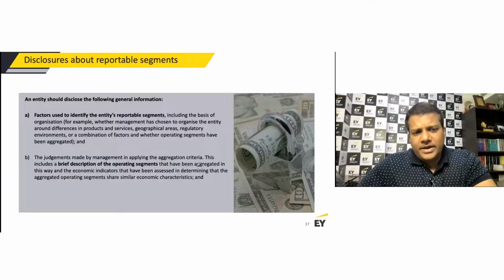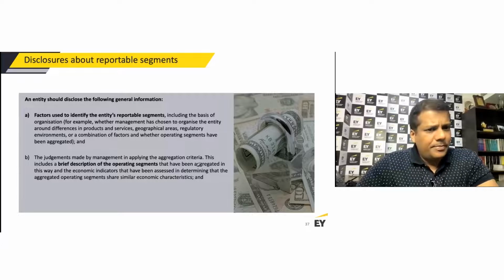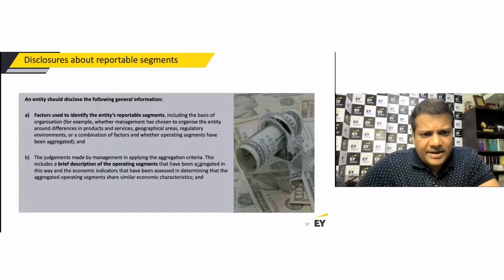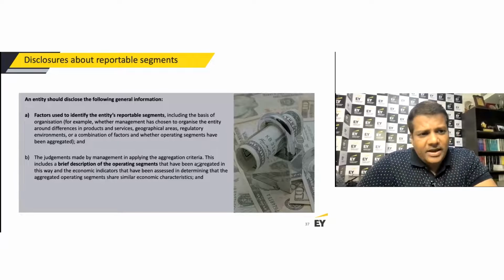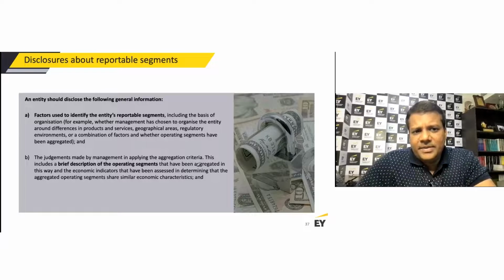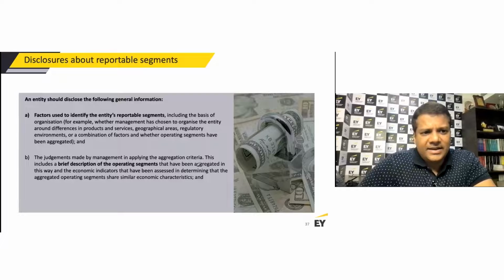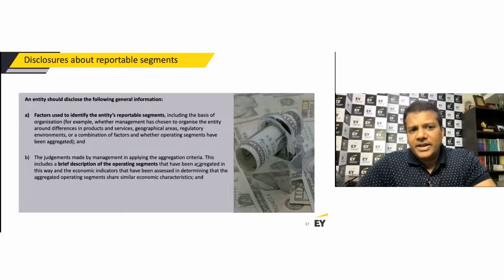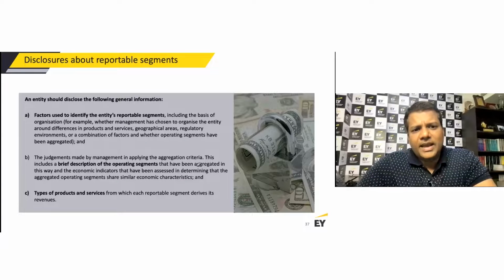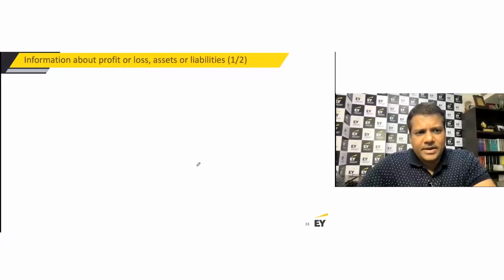The judgment made by the management in applying the aggregation criteria, brief description of the operating segments that have been aggregated in this way, economic indicators that have been assessed in determining that the aggregated operating segments share similar economic characteristics, and type of product and services from which each reportable segment derives its revenues, okay?